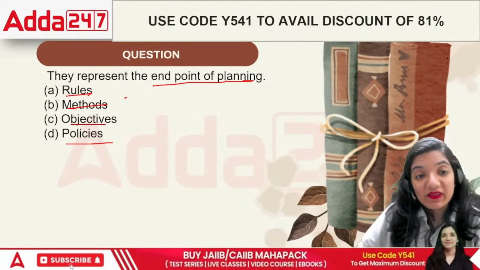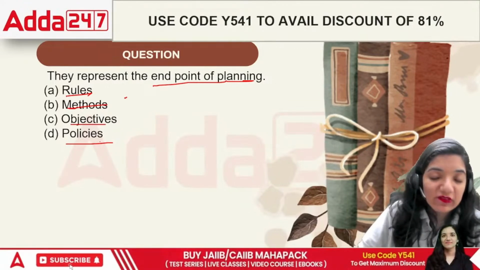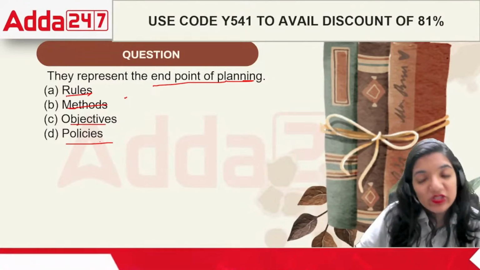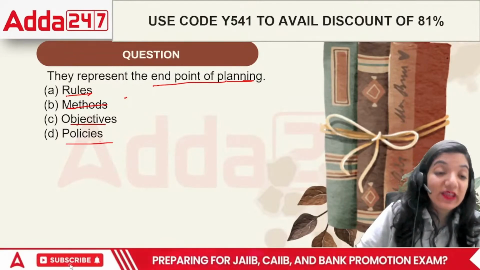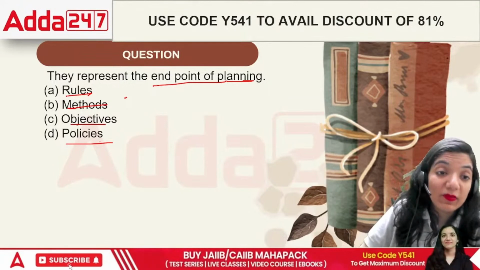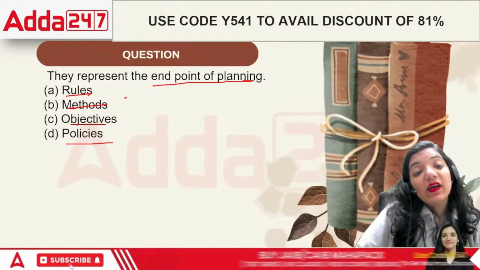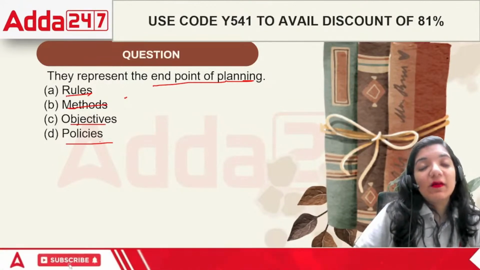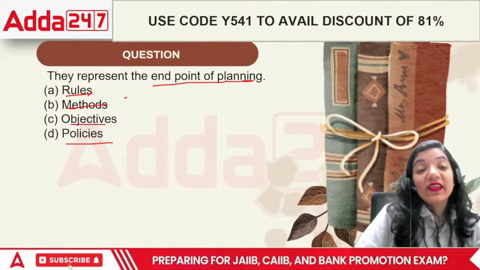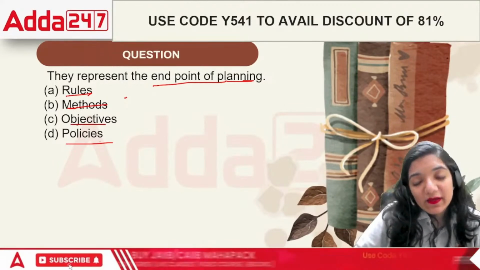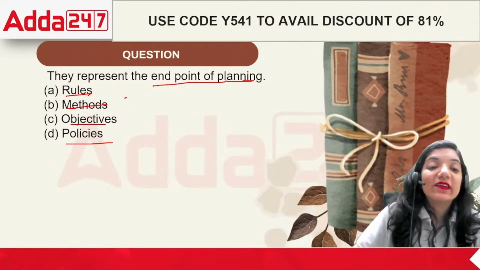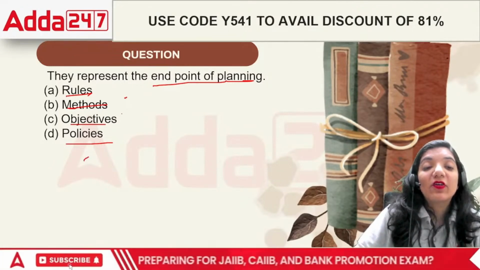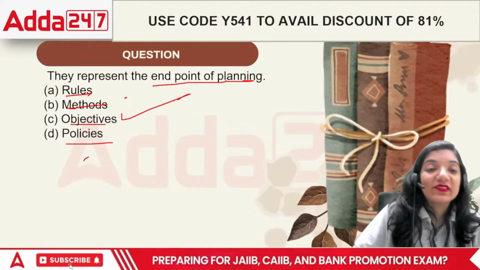Then we have objectives. The mission and vision are the basic criteria of what that particular company is all about. So objectives are basically a subset of the mission. And then we talk about policies. This is the internal framework in which the organization works. So the end point of planning is once we have completed our objectives, we are done with it.